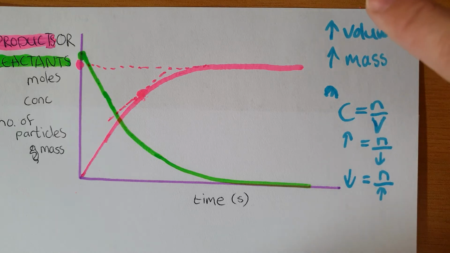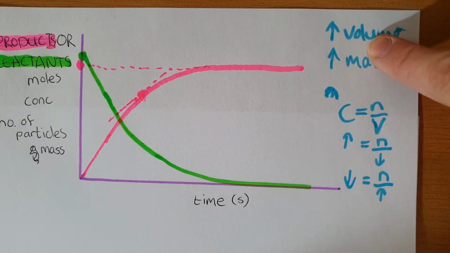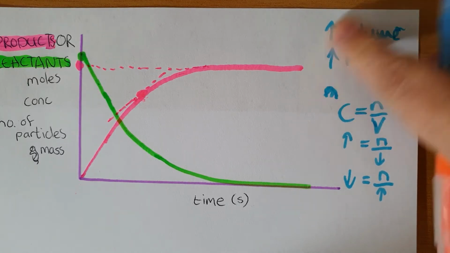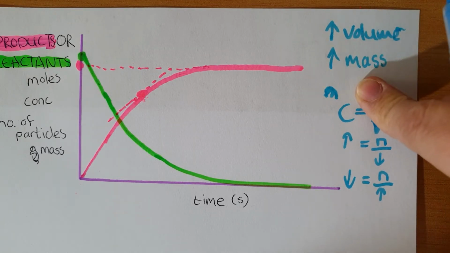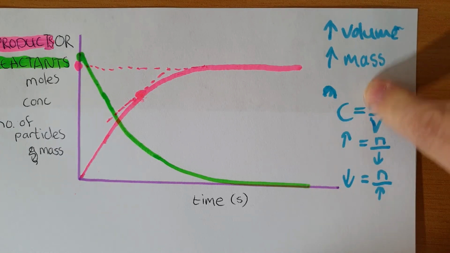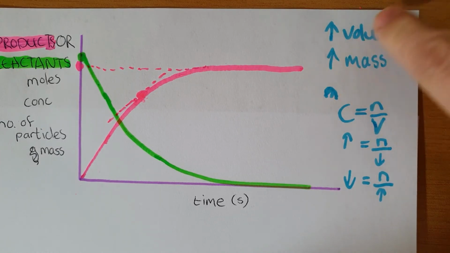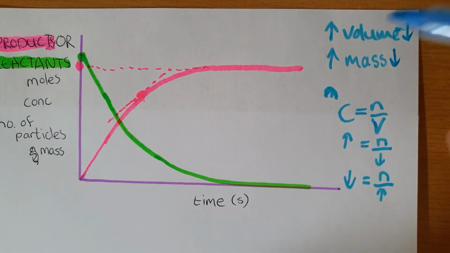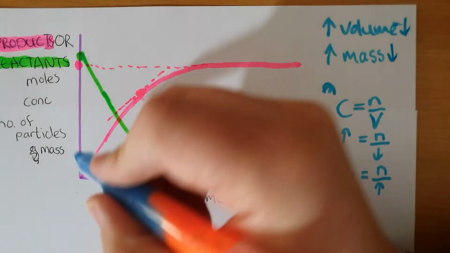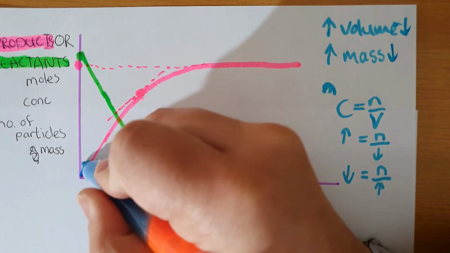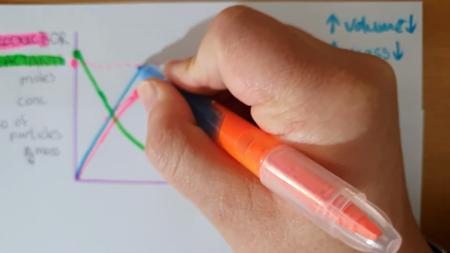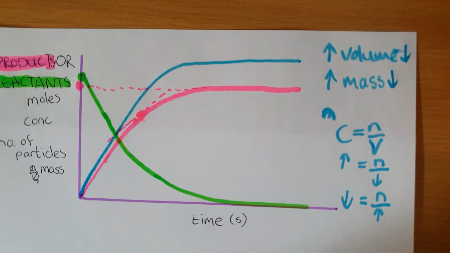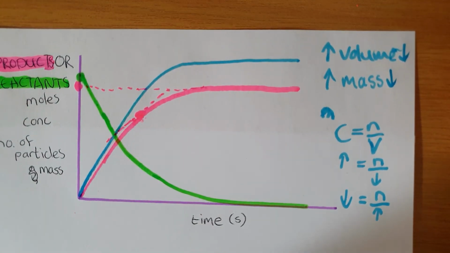So here you have high volume, high mass. That means you're adding more of the particles, without changing the concentration, you're just adding more. So if there's an increase in volume or increase in mass, remember you can also have a decrease. If you're increasing, that means you are going to have more product being made.